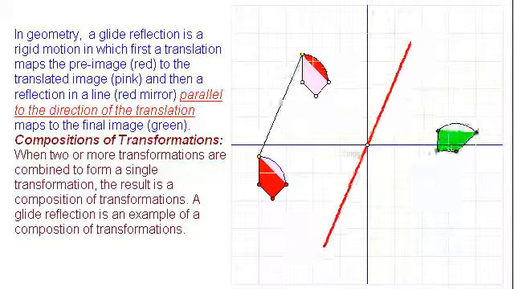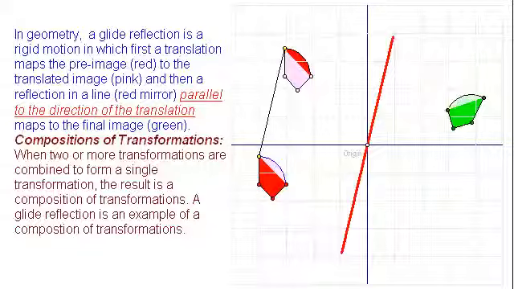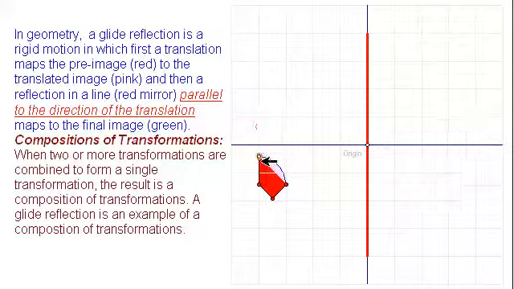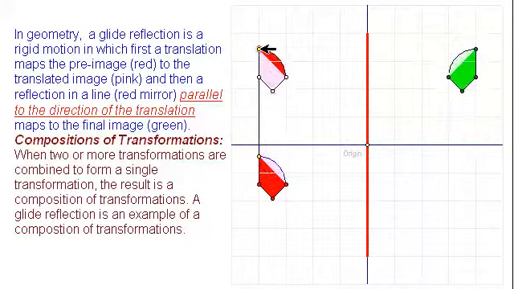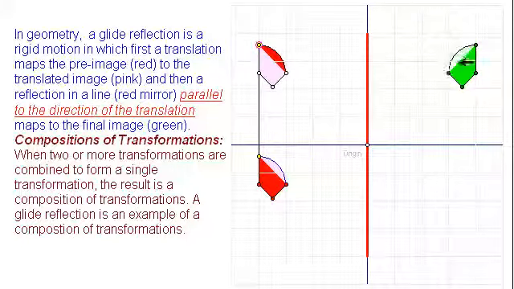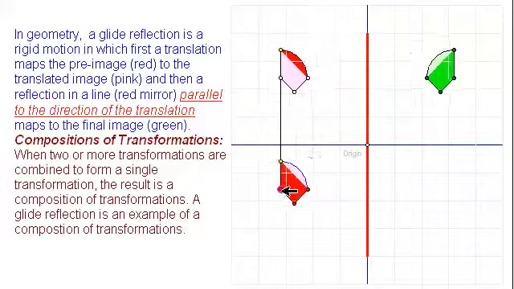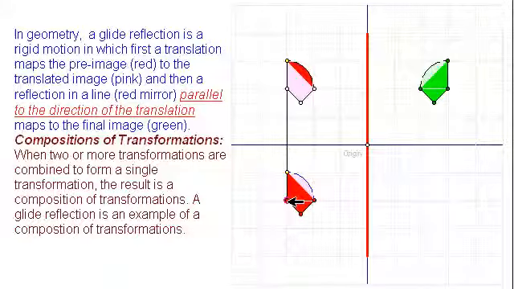If the line of translation is, let me make this the vertical line. So now you can see this is the vertical line, first create a translation and then reflection. If I move this, you can see this is the glide reflection.